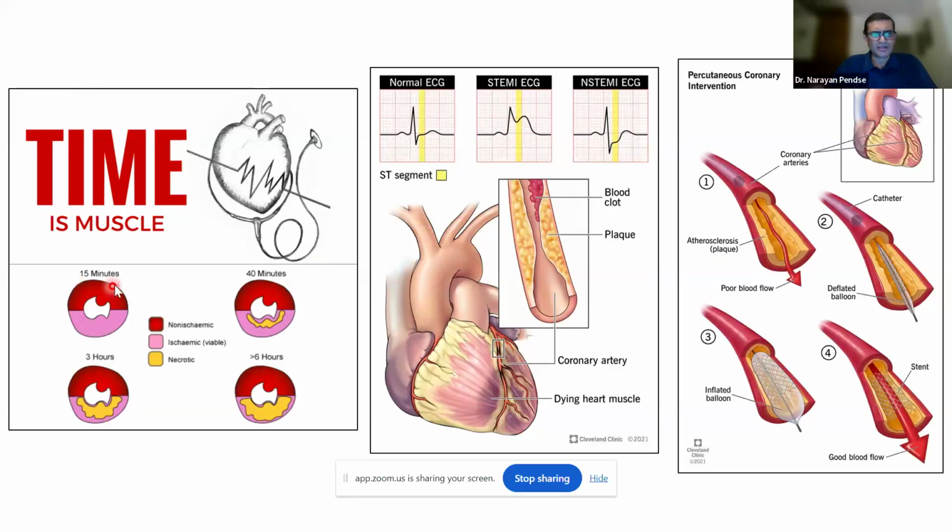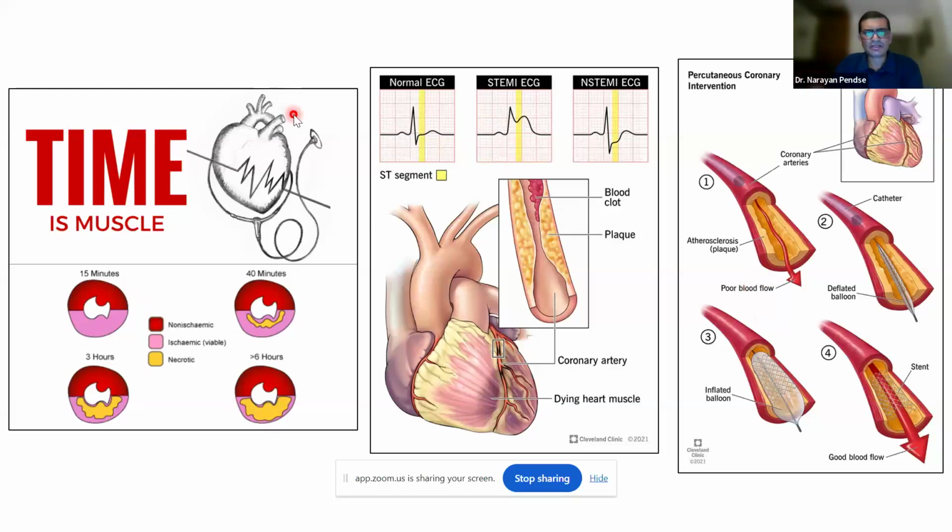So every minute, every second is precious, because the damage which happens to a healthy muscle once the blood supply gets clogged or blocked is very quick, and it can become permanent damage. So the purpose of quick diagnosis and quick intervention is to prevent the myocardium from getting damaged.